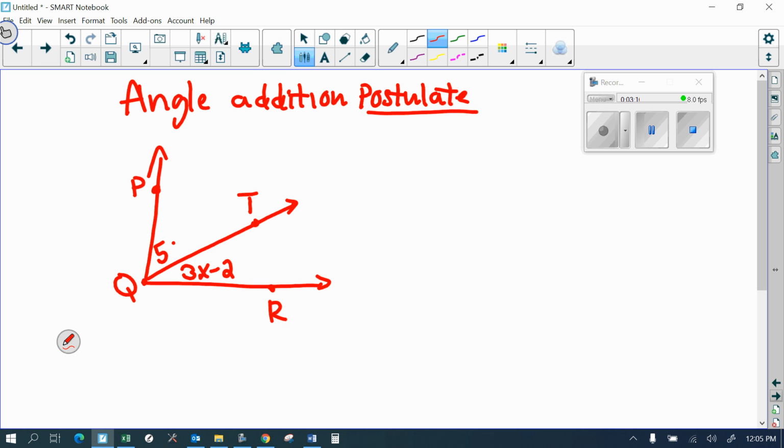This is 5x plus 1. And they tell me the entire angle, so the measure of angle PQR, equals 79 degrees.